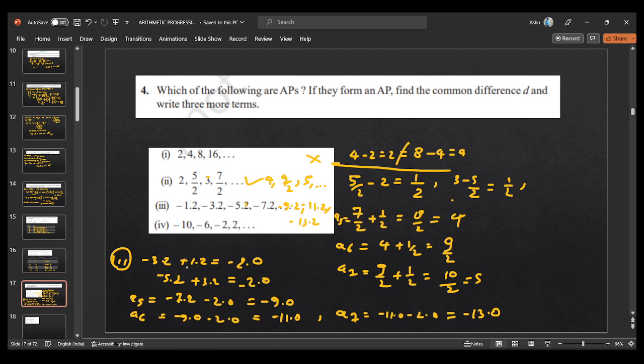So minus 3.2 plus 1.2 is 2, minus 2. We should add 2.0, so we get 2.